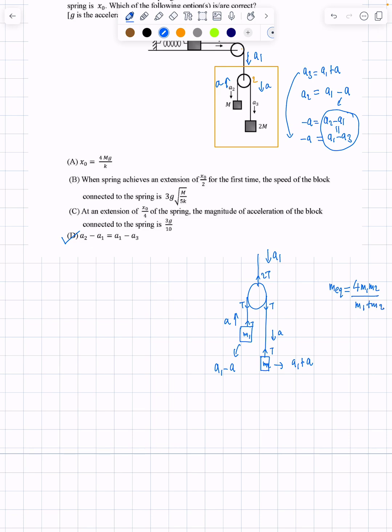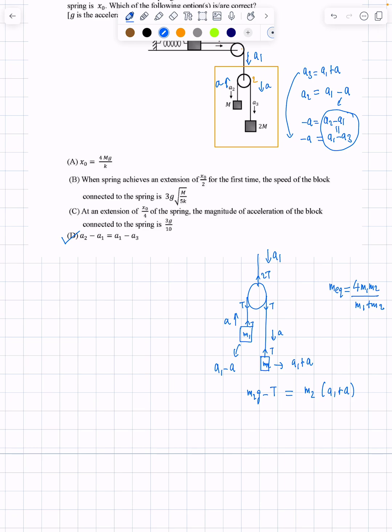Let's write the equation, Newton's second law, F equals ma, for both m1 and m2. For m2 it is m2g minus T equals m2 times (a1 plus a).